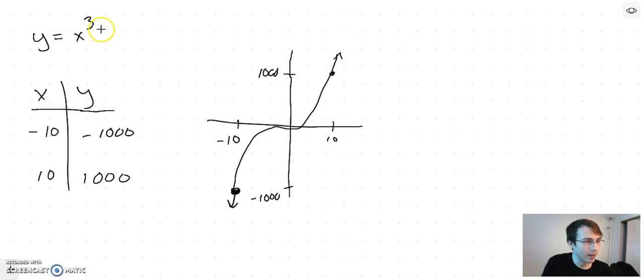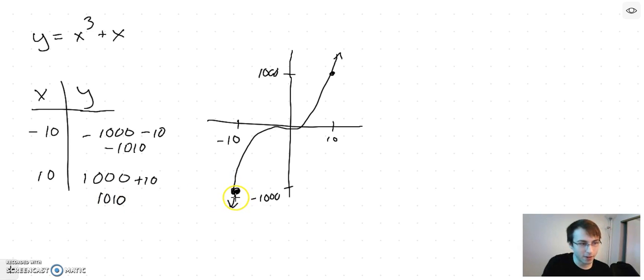Now, if we added, let's just say plus x, a lower order term, here we just have -10, and here we just have +10. So this would go down to -10,010 here, and positive 10,010 here.